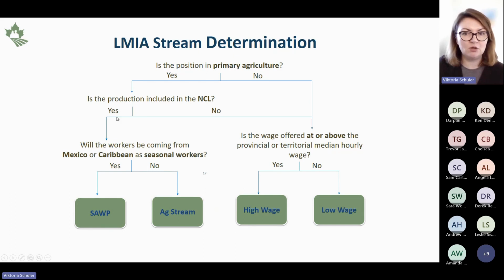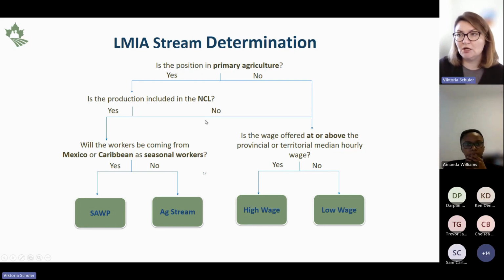For example, small grains and oil seeds have been added to the national commodity list about 2-3 years ago. So now it means like they can hire in agricultural stream, and they can also hire workers from Mexican or Caribbean countries.